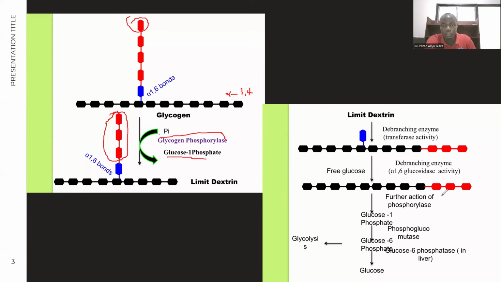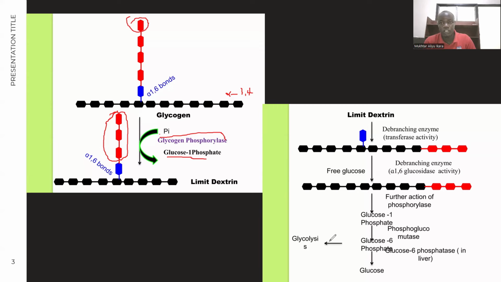So this is how it continues. After we have this linear chain, the glycogen phosphorylase will further remove glucose 1-phosphate. Then phosphoglucomutase will change the glucose 1-phosphate to glucose 6-phosphate.